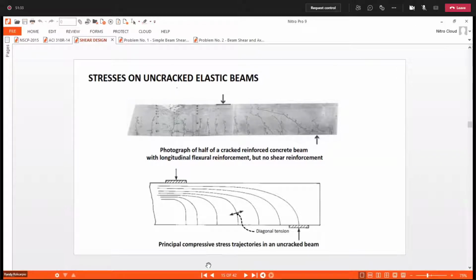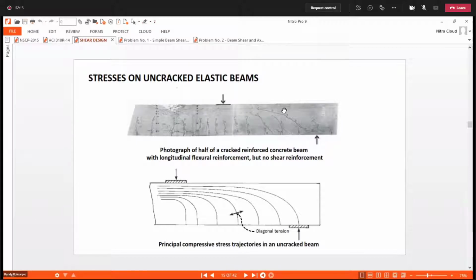So by plotting the trajectory of the compressive stress, perpendicular to this compressive trajectory of stress, we have the principal stress that is a tensile stress. That is why our concrete cracks.